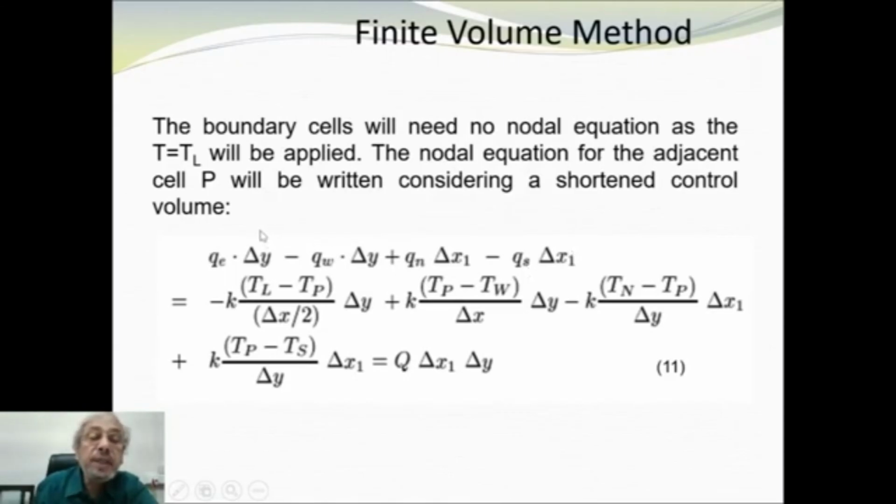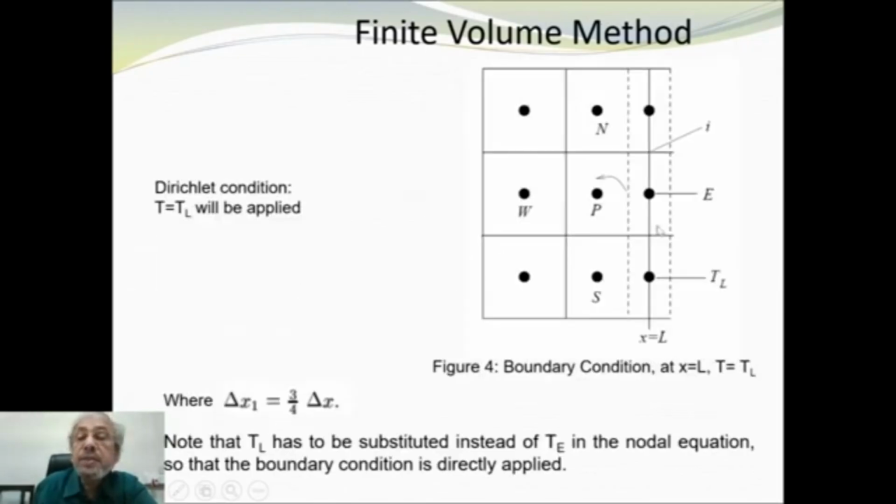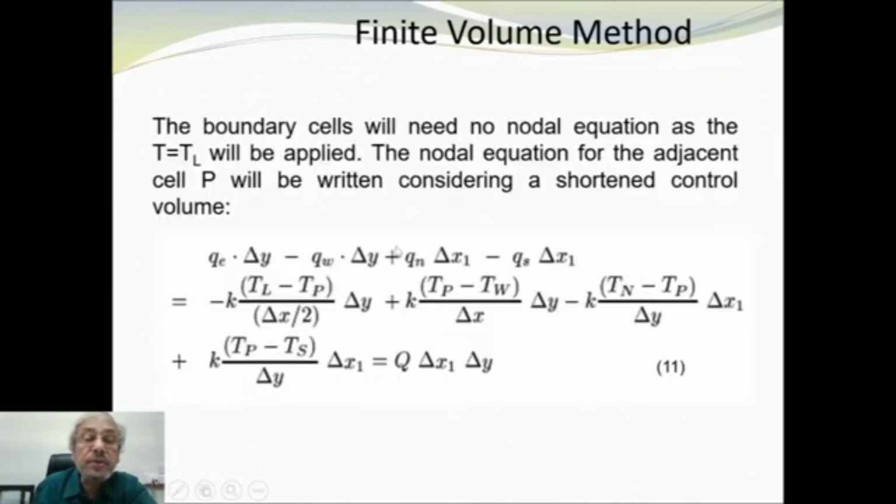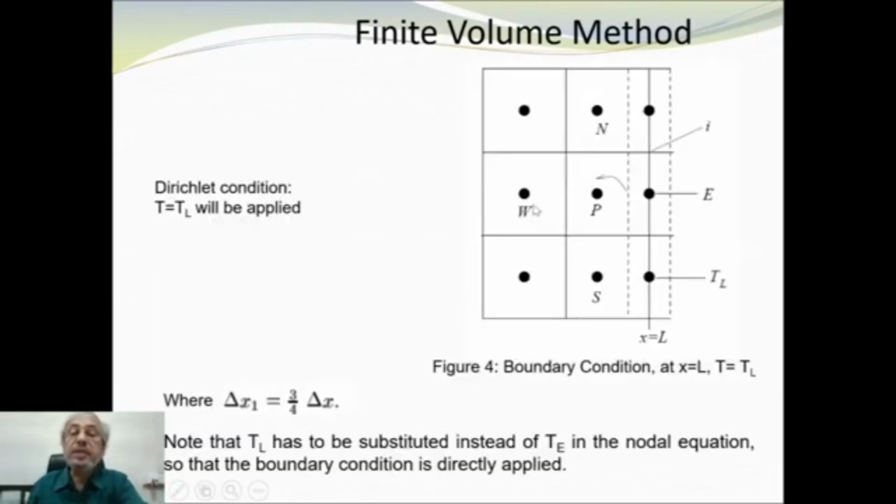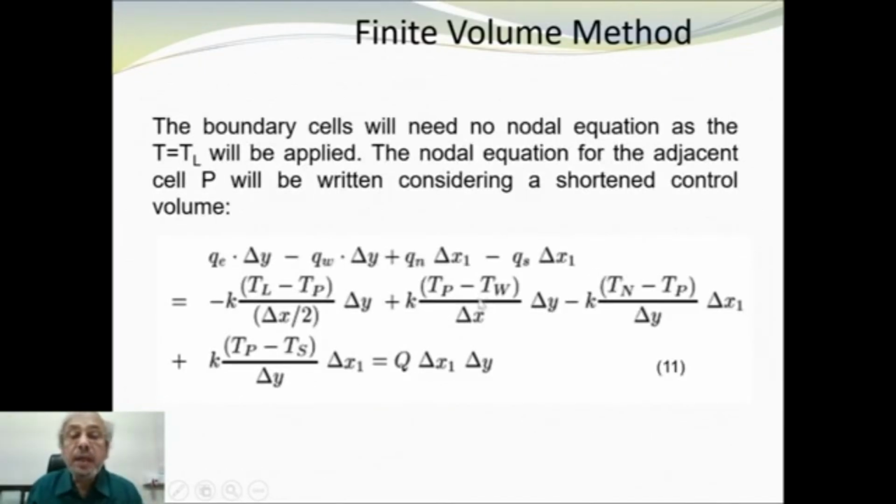But when we specifically substitute their value, you can see we have written minus k TL minus TP. So this is now L. So for the eastern point, it is TL minus TP, and the grid size is also changed, divided by delta x by 2, into delta y. Then the western neighbor remains a similar expression, TP minus TW by delta x into k, into delta y.